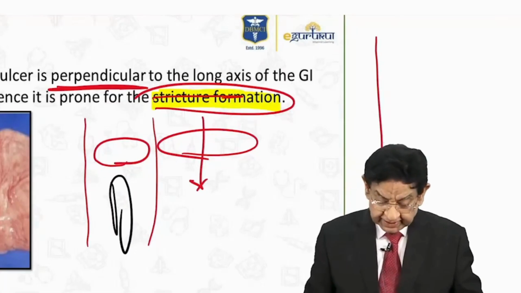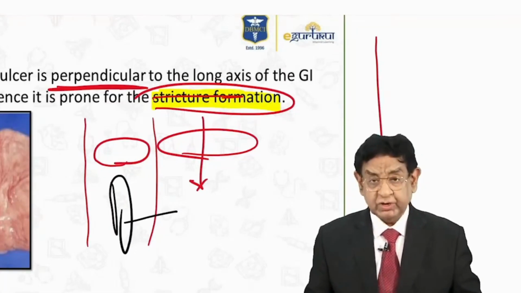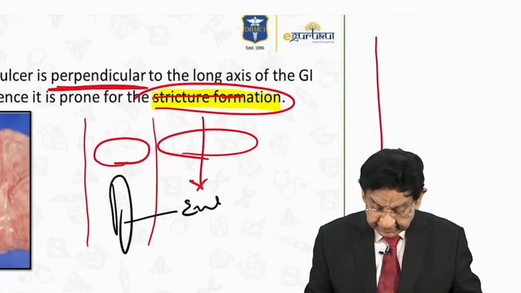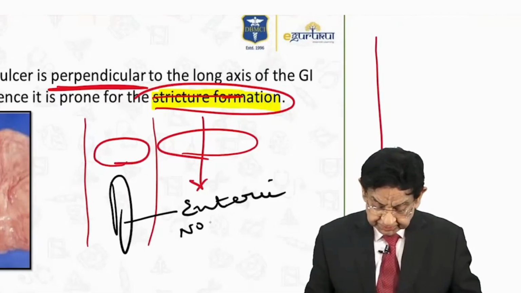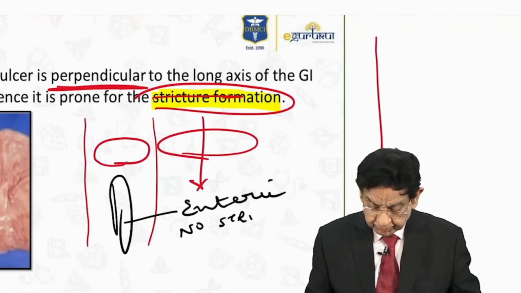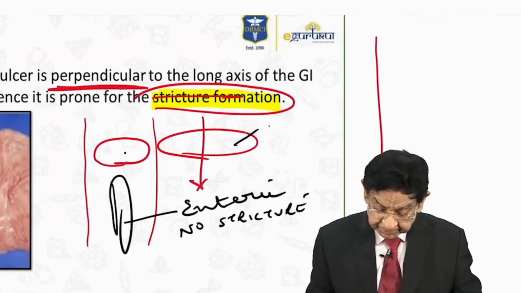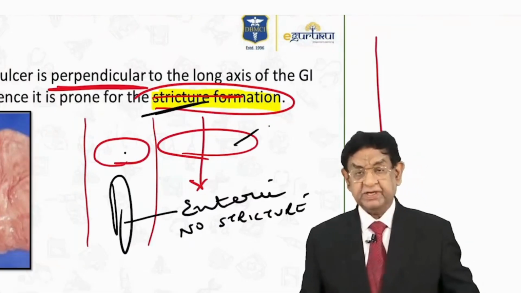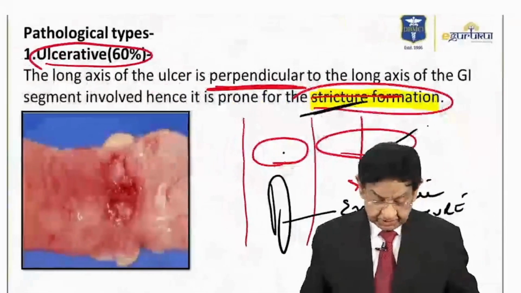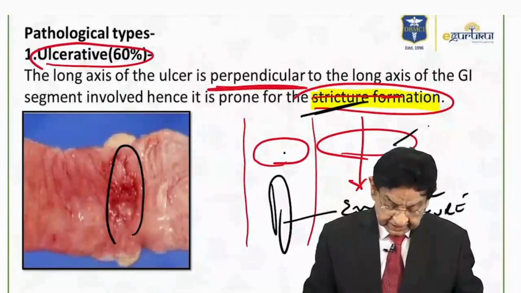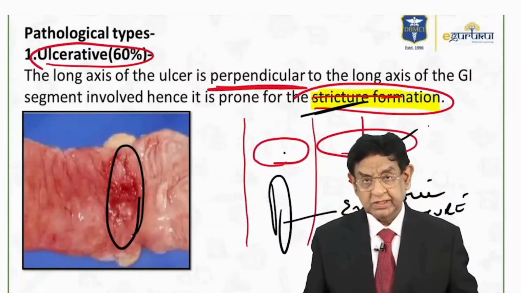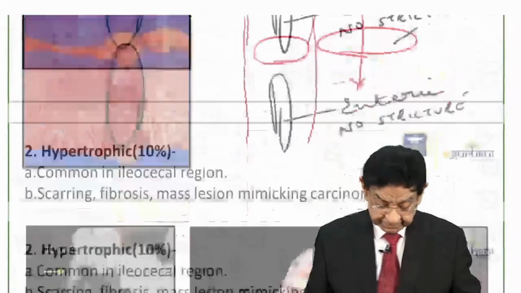That's why typhoid is also called enteric fever, with no stricture. But here we have stricture. Stricture formation occurs in these patients. So you can see that like this, an ulcer is there, the so-called ulcerative type.